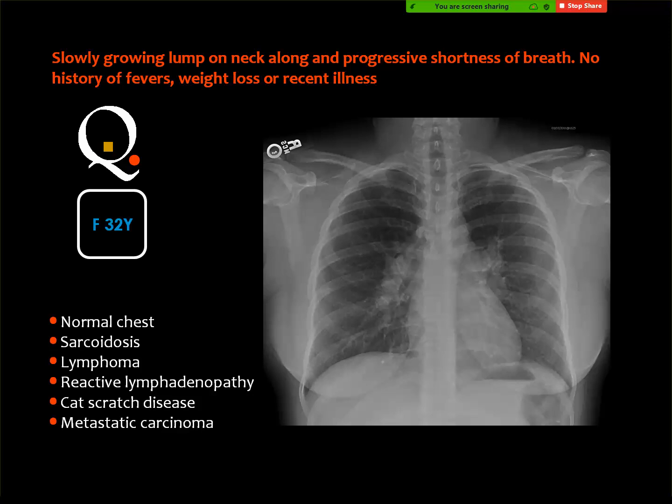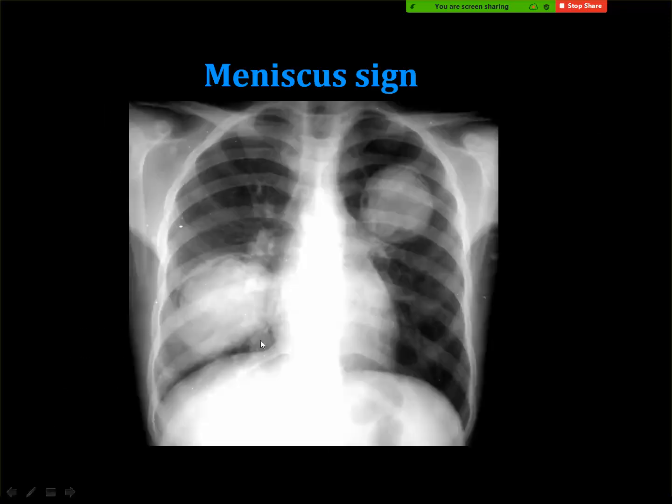Okay, this is a female patient, 32 years old. The Monod sign is similar to the fungal ball that occurs in a lung cavity. With the fungal ball, there is some air that is larger than this, and the ball is a little bit smaller than this.